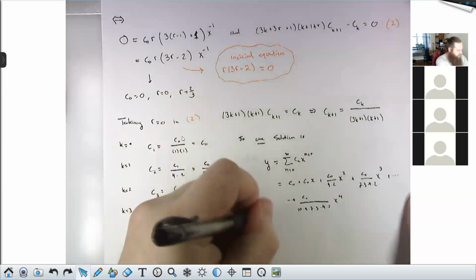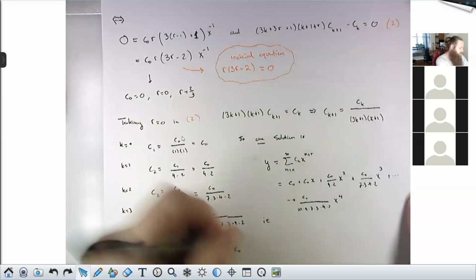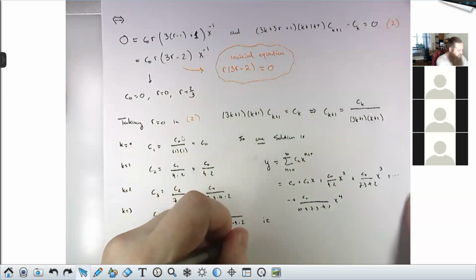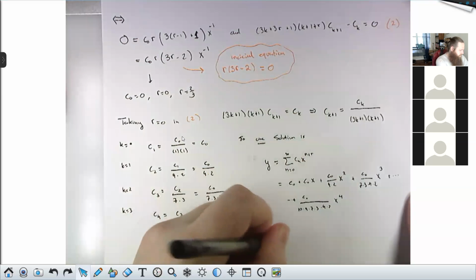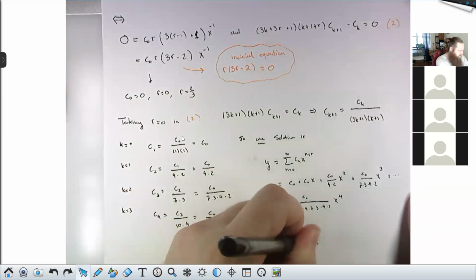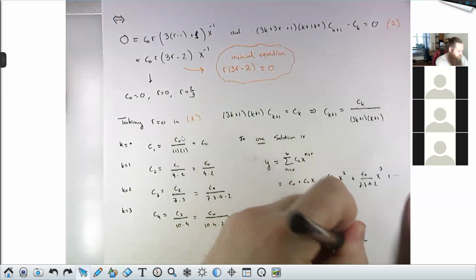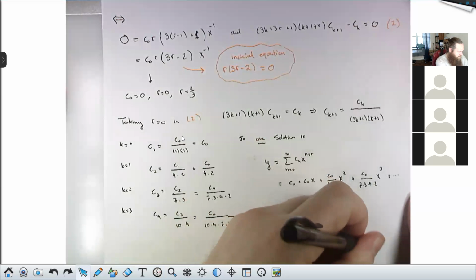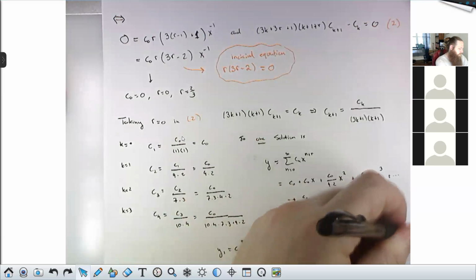So that y1 is C0 times 1 plus x plus 1 over 4 times 2 x squared plus 1 over 7 times 3 times 4 times 2 x cubed plus 1 over 10 times 4 times 7 times 3 times 4 times 2 x to the 4, and so on.